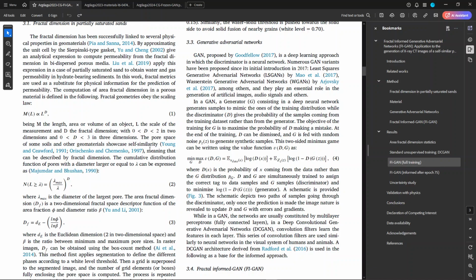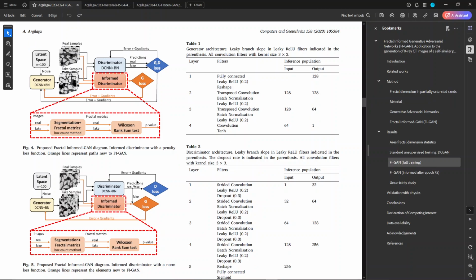You need to solve a PDE, which requires something like finite element equations, which is expensive. So if we try to run a finite element model in parallel to our GAN, so imagine this informed discriminator was a finite element model, this will slow down a lot our training process.